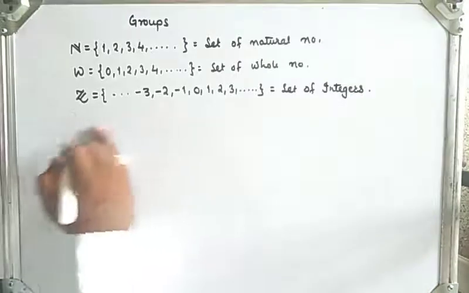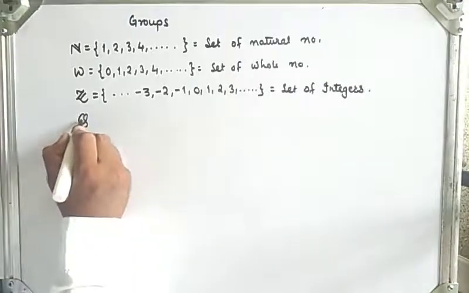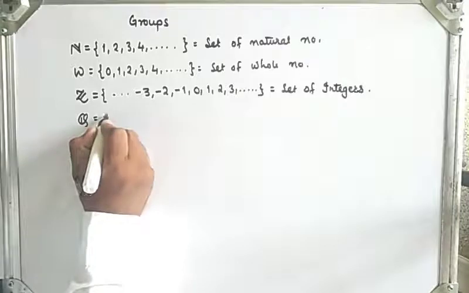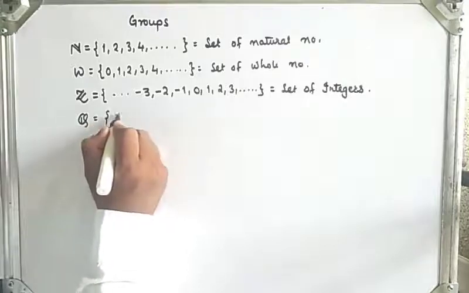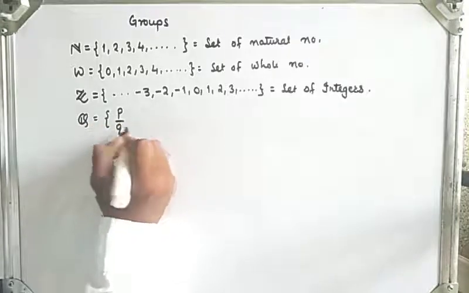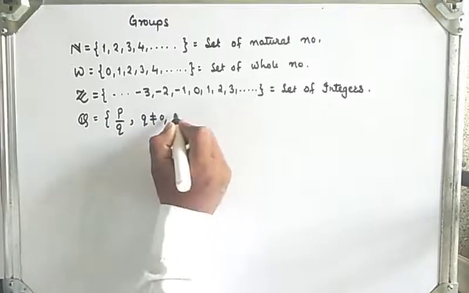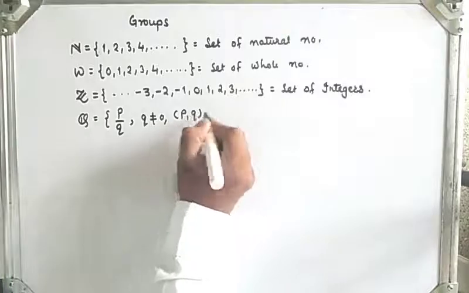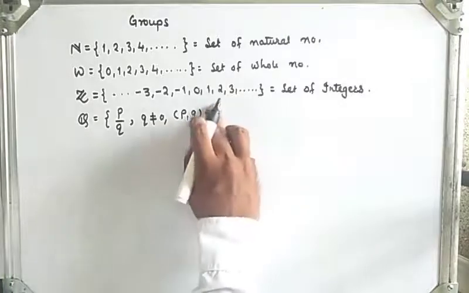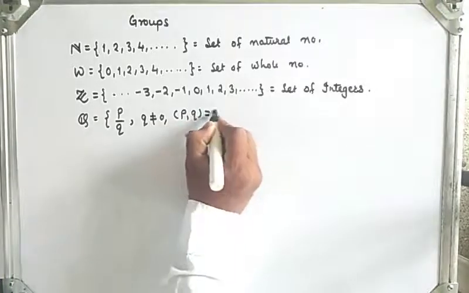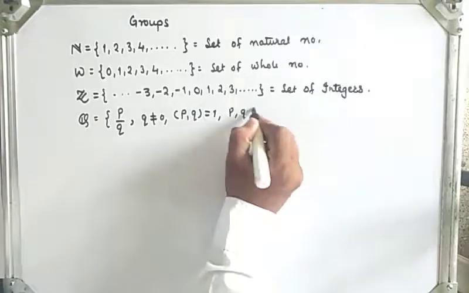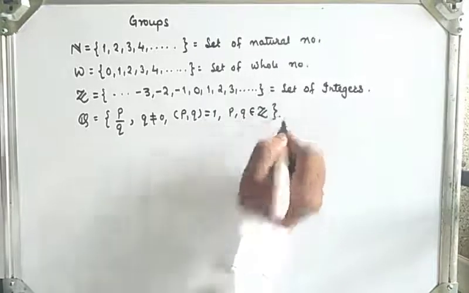Next is the set of rational numbers, denoted by Q. It is always of the form P by Q, such that Q is not equal to 0, the GCD of P and Q is 1, and P and Q belong to the set of integers.